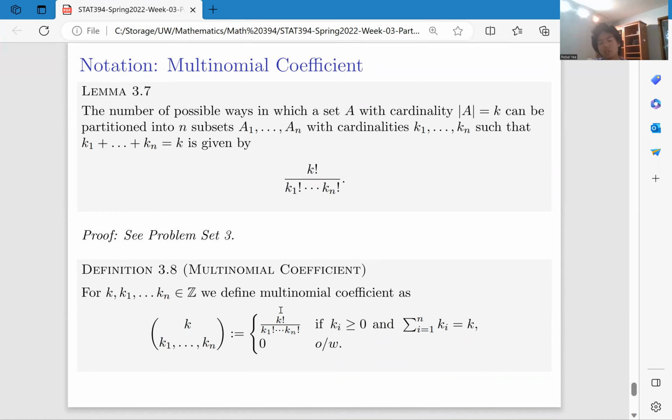But here k is the n, and we can view the previous k and n minus k as k1 and k2, and now it becomes k1, k2, k3, and more until kn. However, if any of the k is not greater than or equal to 0, or they don't sum up to the total, it is 0, because this doesn't exist, and we define it as 0 if these two conditions are not met.